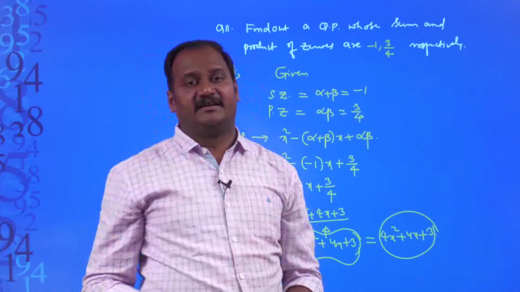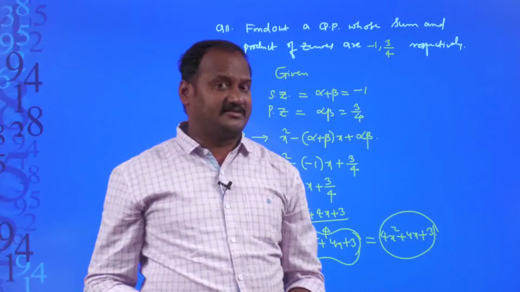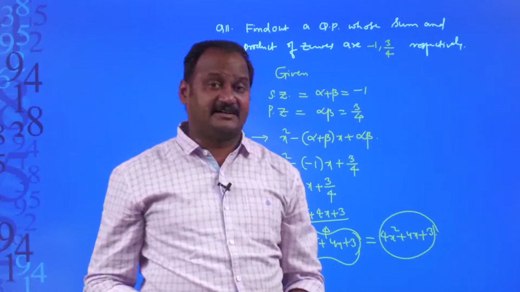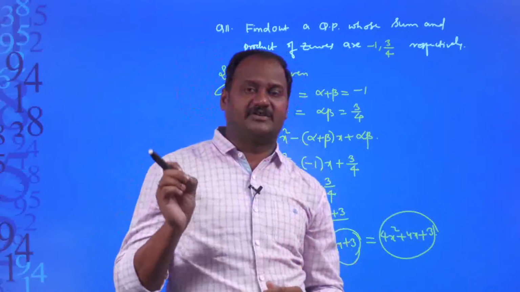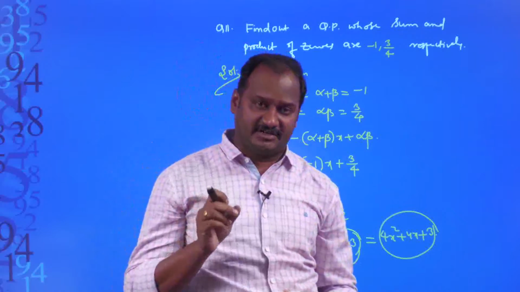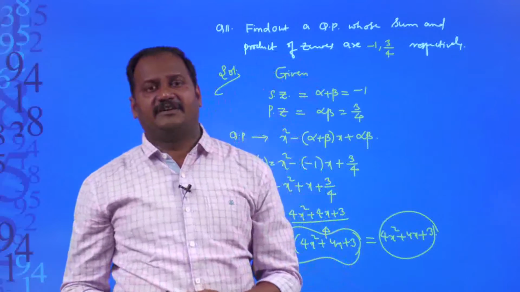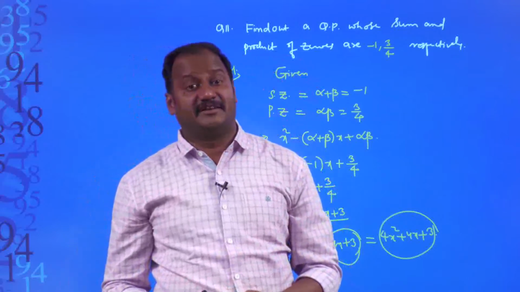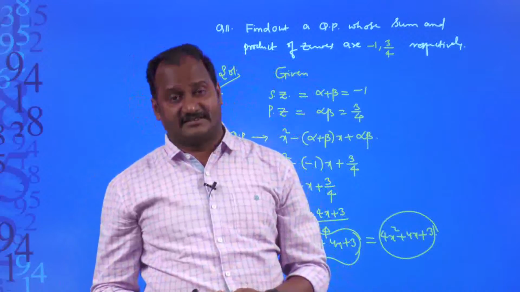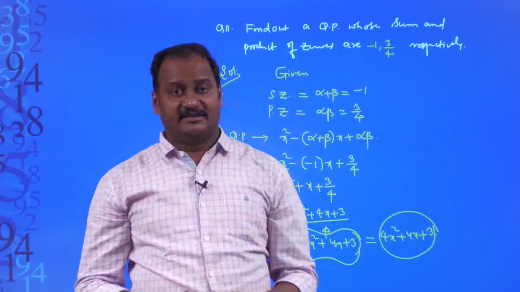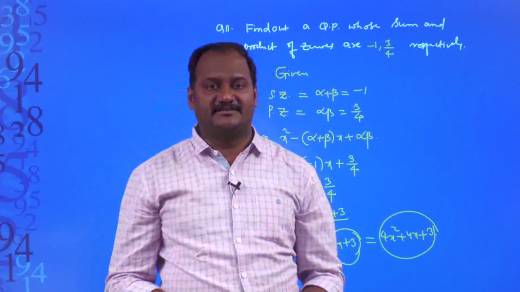And what is the formula for sum of zeros of a quadratic polynomial ax square plus bx plus c? That is alpha plus beta equal to minus b by a, means minus coefficient of x divided by coefficient of x square. And what is the formula for product of zeros? That is alpha into beta is equal to c divided by a, which is constant divided by coefficient of x square, and we discussed a few examples also on the same concept. So hope you understand. Thank you.